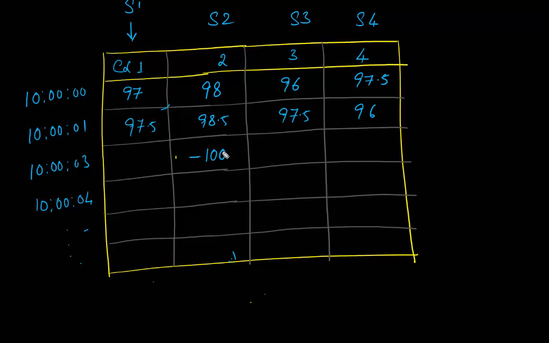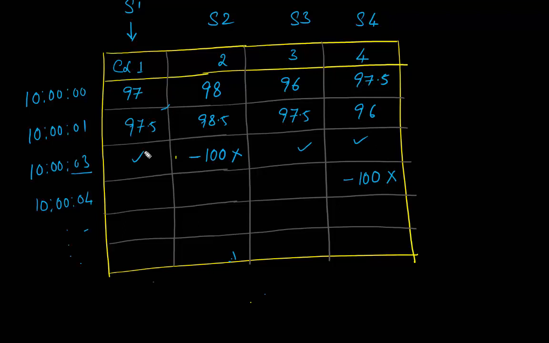So there's a minus 100 there, and let's say there's a minus 100 here, right? So at 1003, this sensor has malfunctioned, and at 1004, sensor 4 has malfunctioned. And the rest of the time, everything is okay. So there are temperature values here, here, here, and so on and so forth.